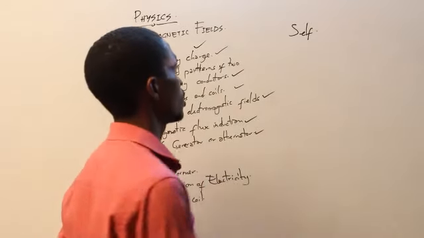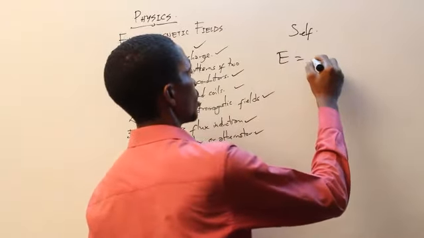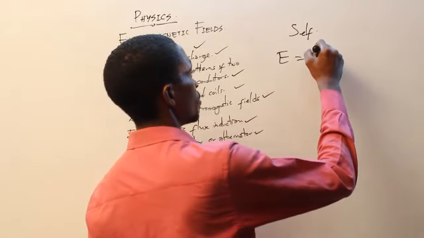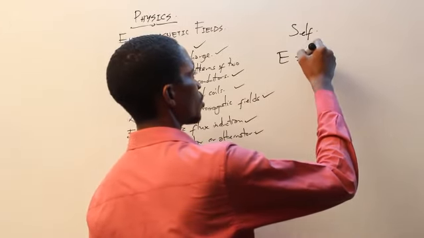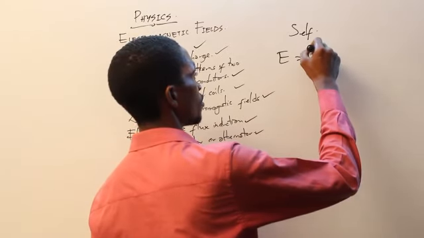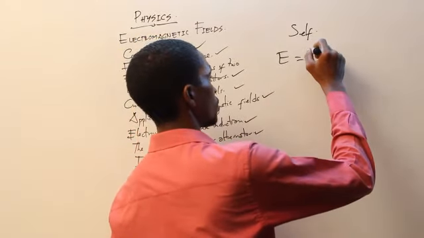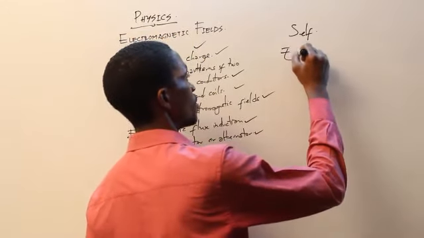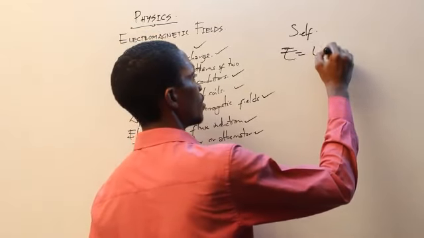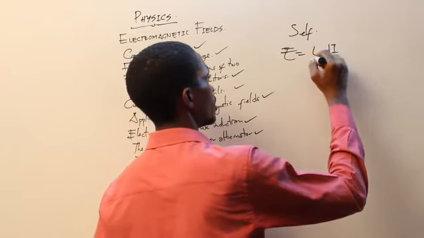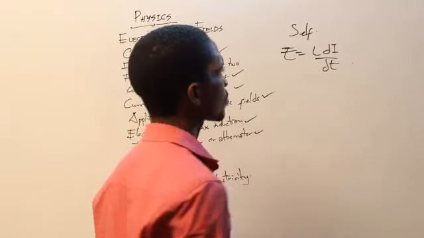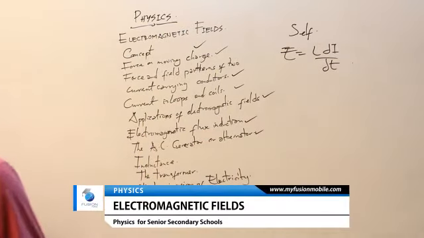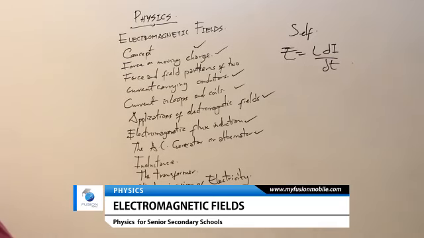The EMF produced in this particular coil can be calculated as EMF equals L dI/dt, where L is the inductance and dI/dt is the rate of change of current.